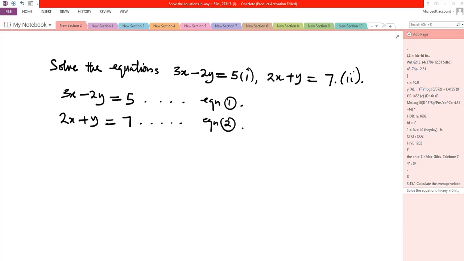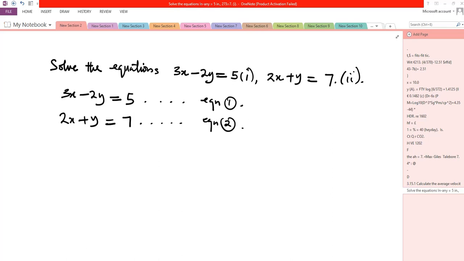substitution method. The reason why I'm using substitution method is that there is a coefficient of one of the variables that is 1.